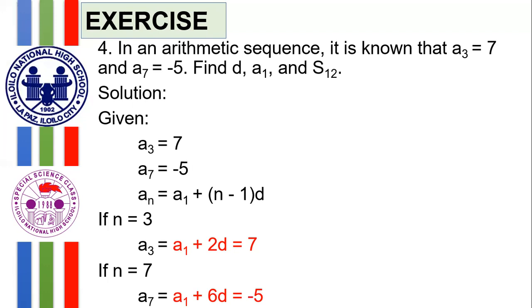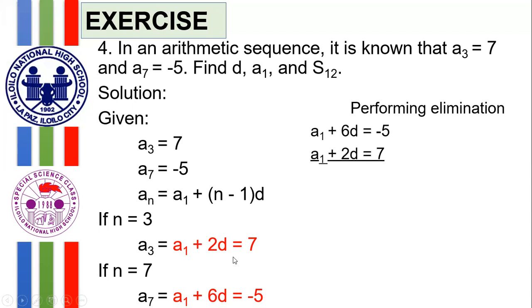Now, what will happen next is that we will perform elimination. Doing such, I will copy these two equations and I will perform subtraction with the intention of eliminating the a sub 1.